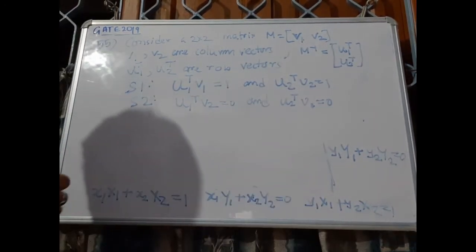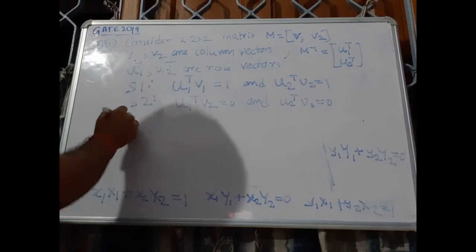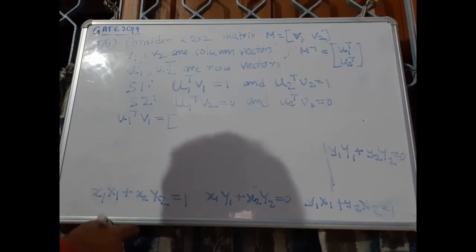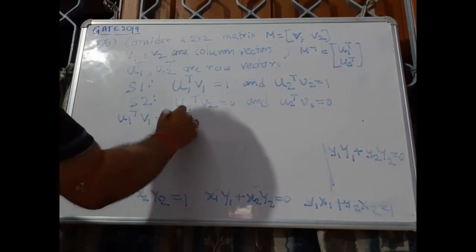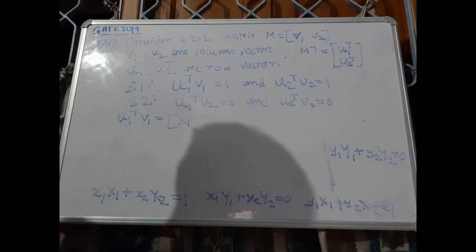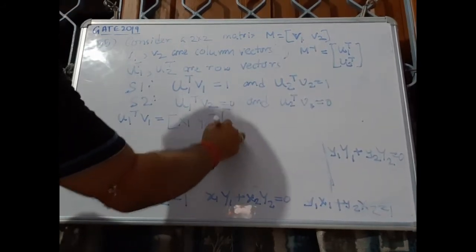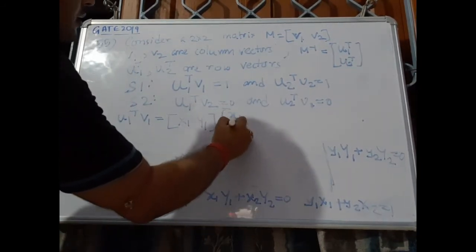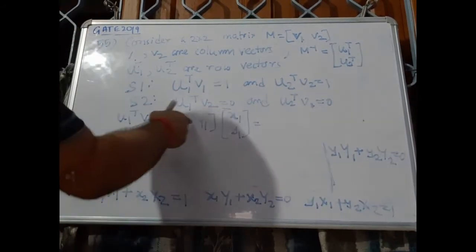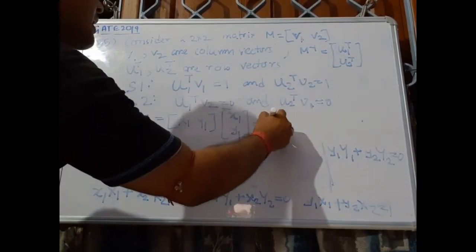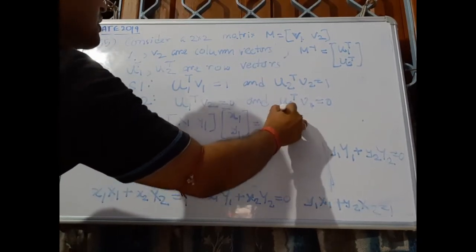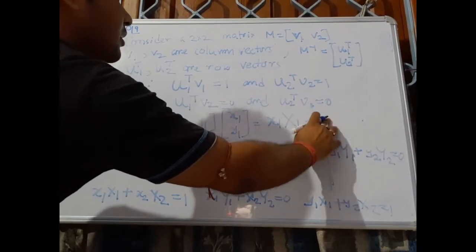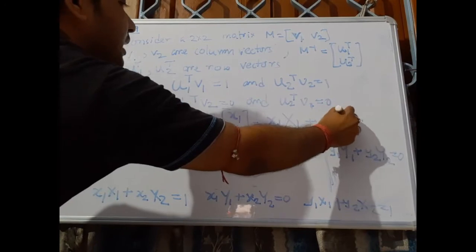Okay. Now if I do U1 transpose V1, U1 transpose means capital X1 capital Y1, and V1 will be small x1 small y1. If I multiply it, we have small x1 capital X1 plus small y1 capital Y1.